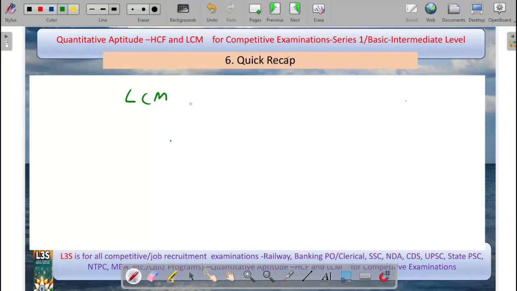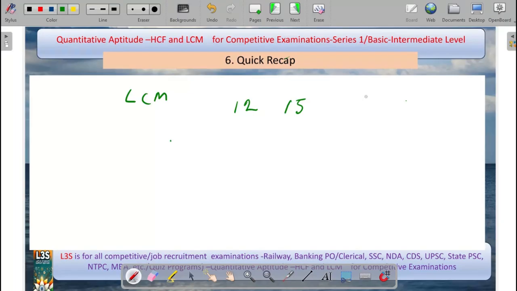In the prime factorization method, we have to consider the highest exponent, the highest power, and multiply them to get the LCM. Say 12 and 15.